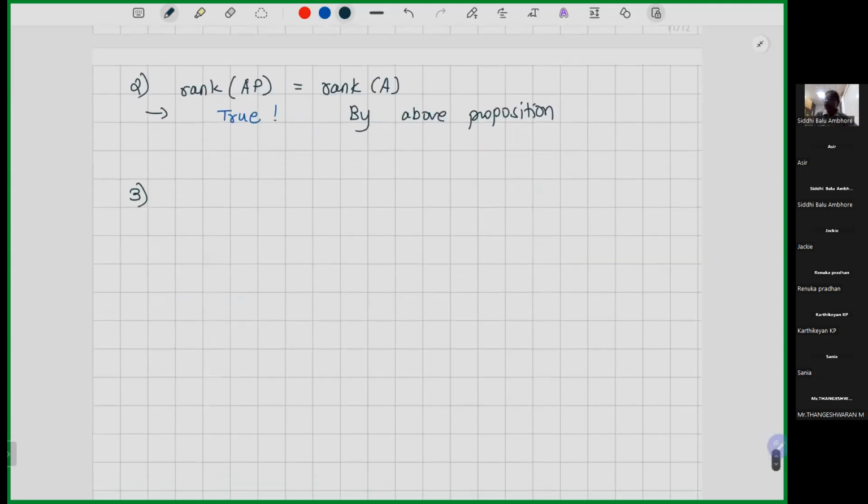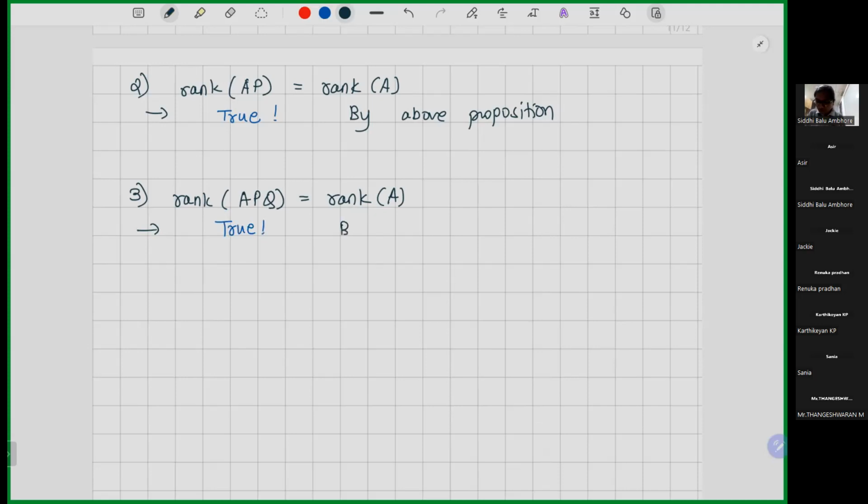Third one is rank of APQ. I don't know whether I'm messing with the order of these matrices, but please check the order of A, P, and Q, and accordingly, these products must make sense.